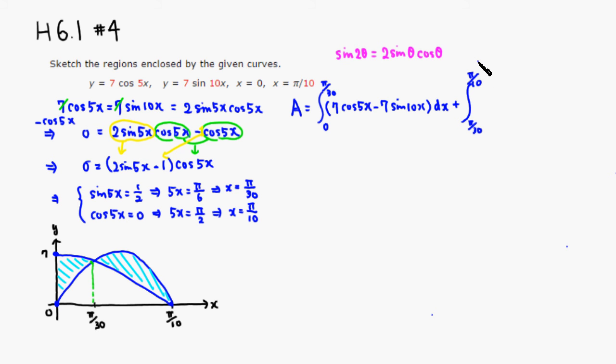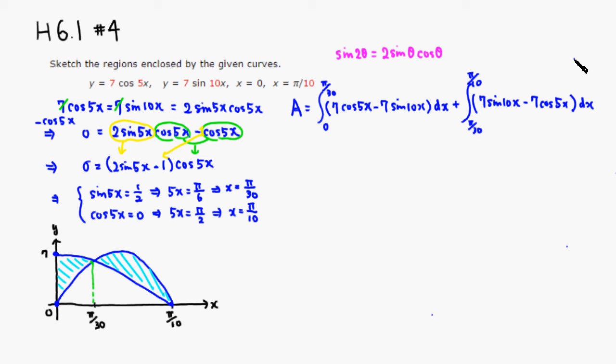The top curve in this case is sine, so you have 7 sine of 10x minus 7 cosine of 5x.